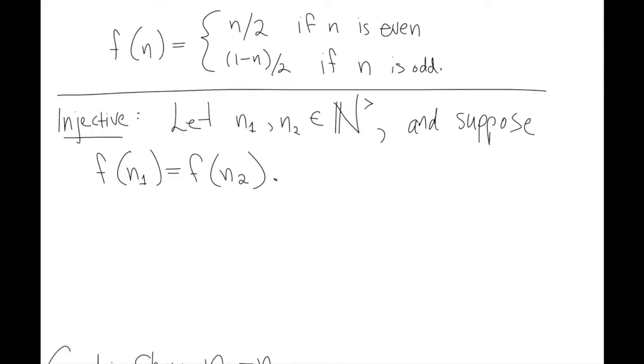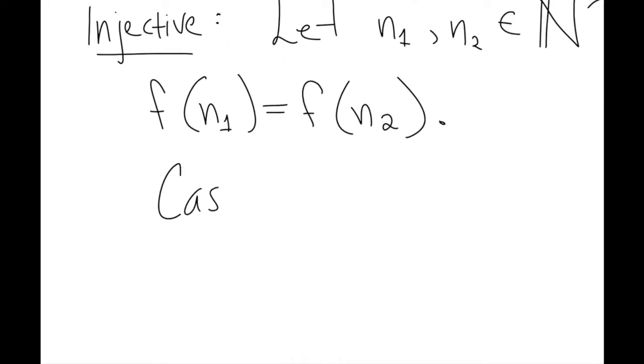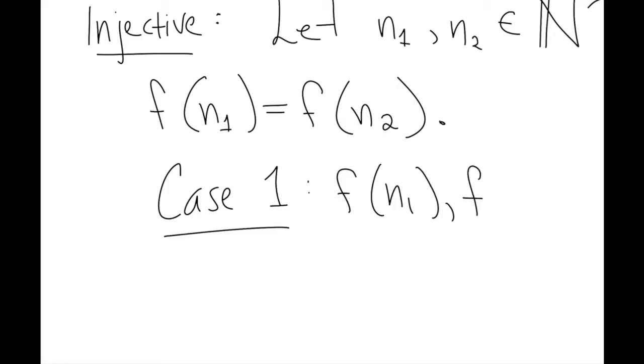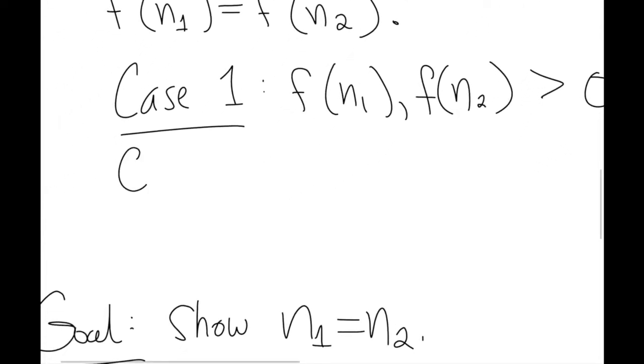So we're kind of forced into two cases. We've got the case here where f of n1 and f of n2 are both positive. And then we've also got the case where they're not positive.